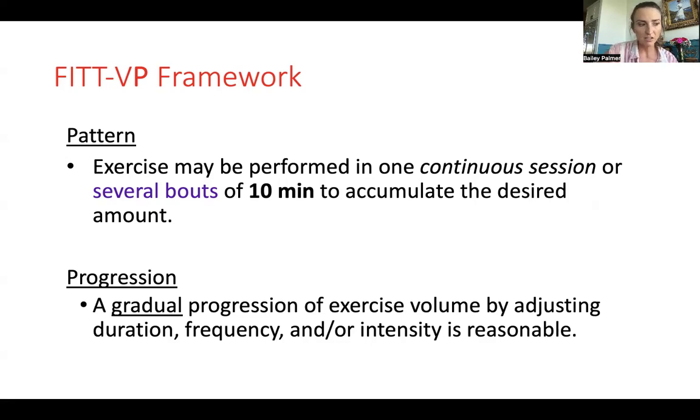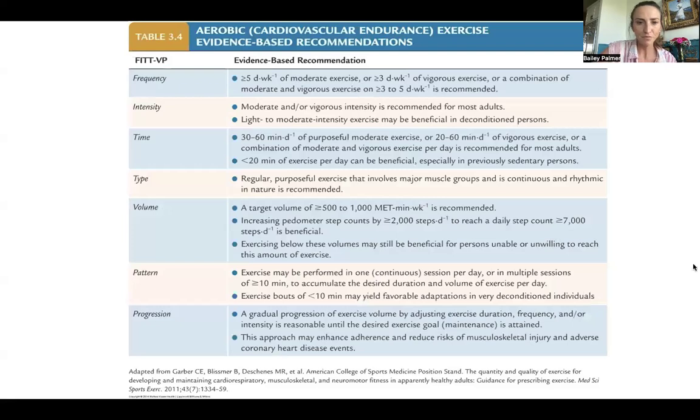I could do 3 miles and then I could do 3.25 miles. And then after I've achieved that, maybe twice, I could do 3.5 miles. And so this slow progression is going to be most reasonable to basically attain health benefits and reduce injury.